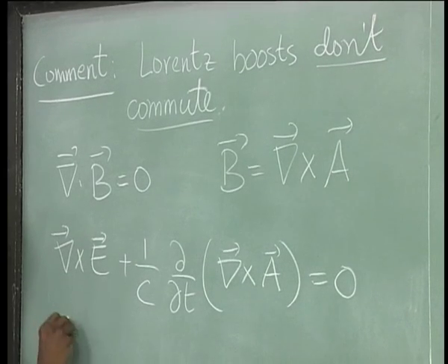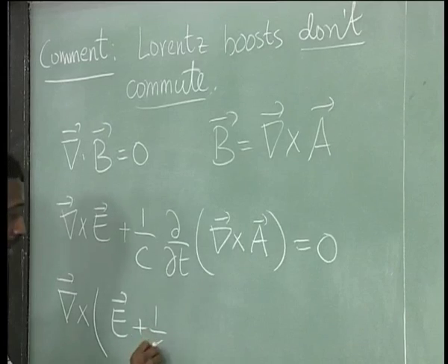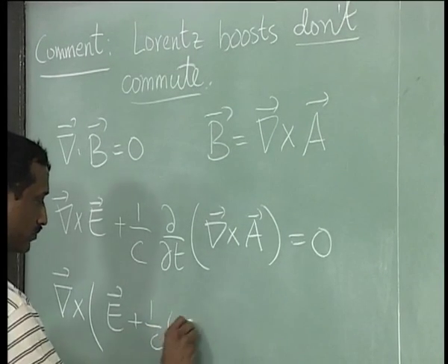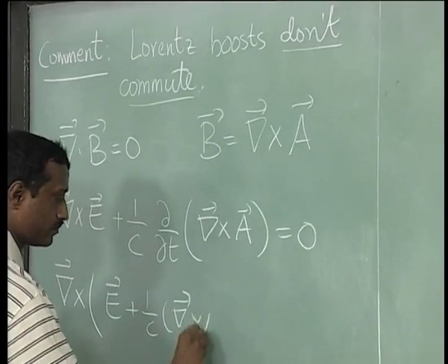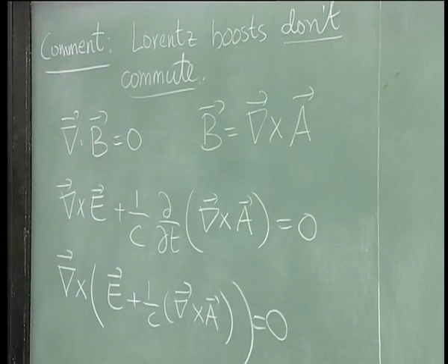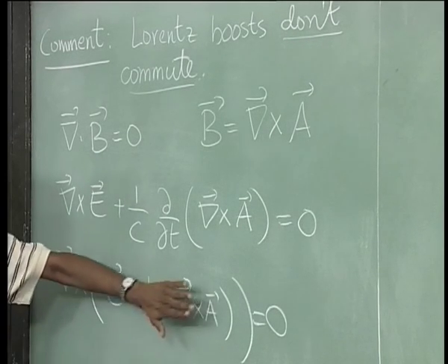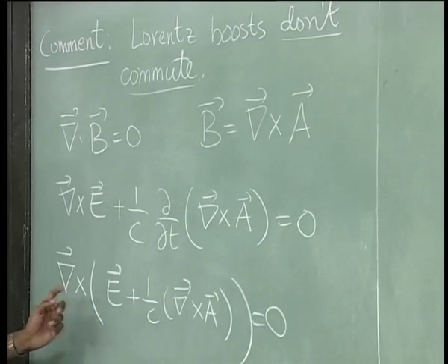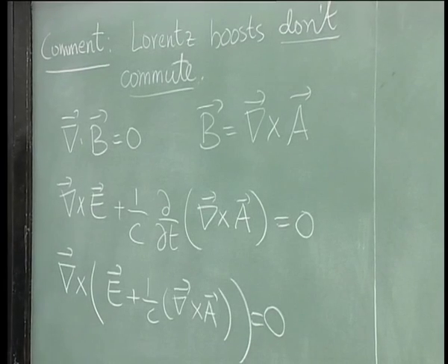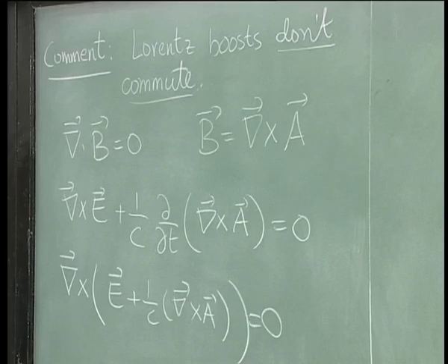We could rewrite this whole thing as del cross of E plus 1 by C times dA by dt. Okay. So, this is now looking like what we did in electrostatics, where this term was not there, there was no A, when del cross E was equal to 0, we solved for it by saying E was gradient of some potential.